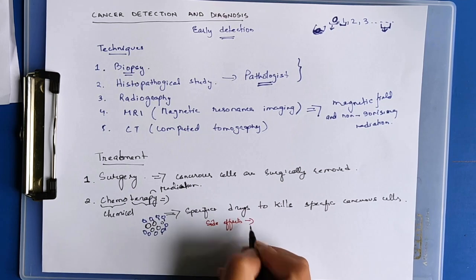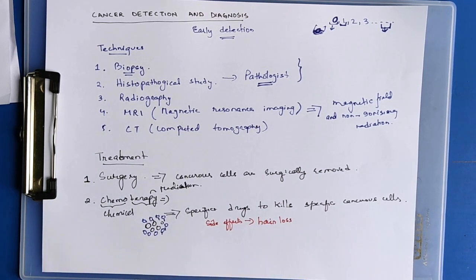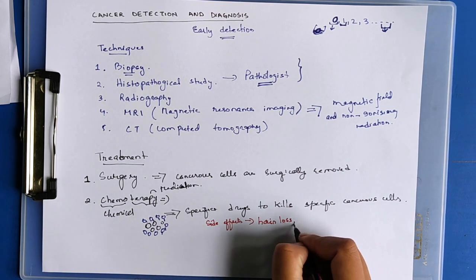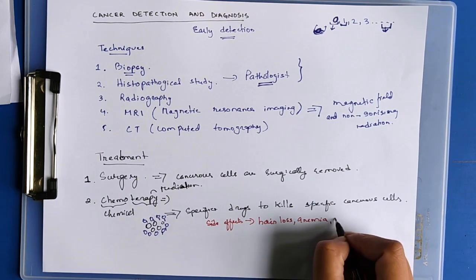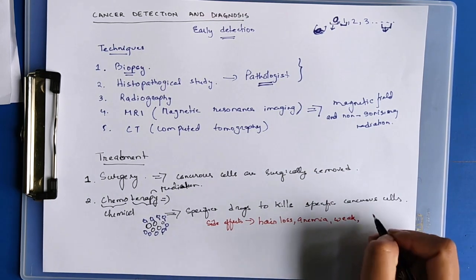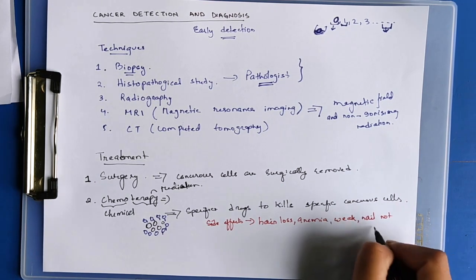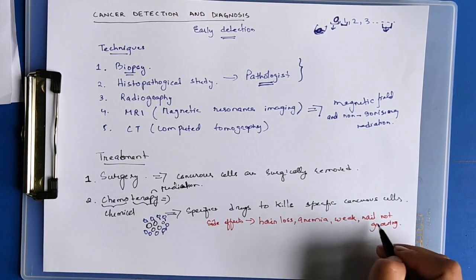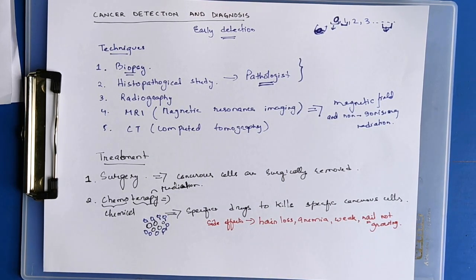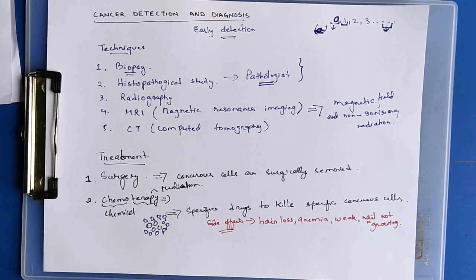There will be hair loss in cancer patients. There will be anemia, and they will be very weak. Their nails do not grow. So these are the side effects of taking chemotherapy.